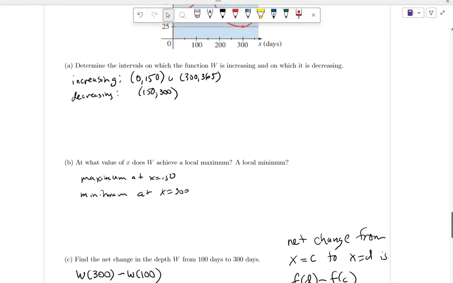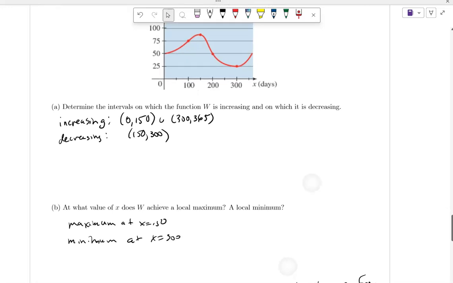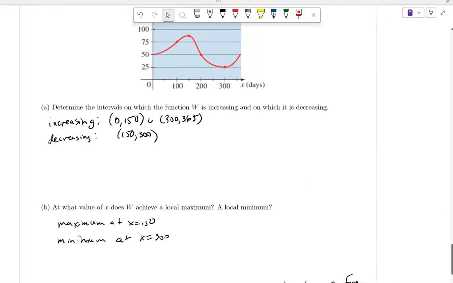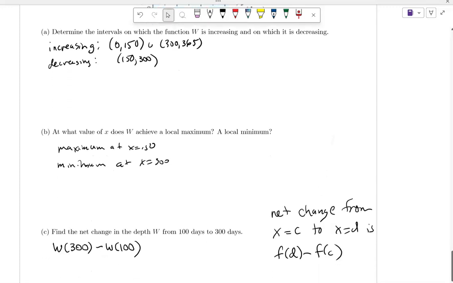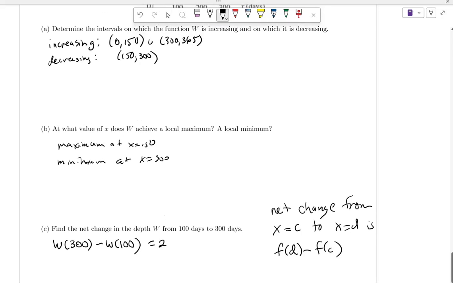Go back up to the graph. What is w of 300 equal to? What is the output associated with 300? 25. What's w of 100? 75, right? So we'll do 25 minus 75. These are the y coordinates, right? Remember, functions you plug in an x, you get out a y.